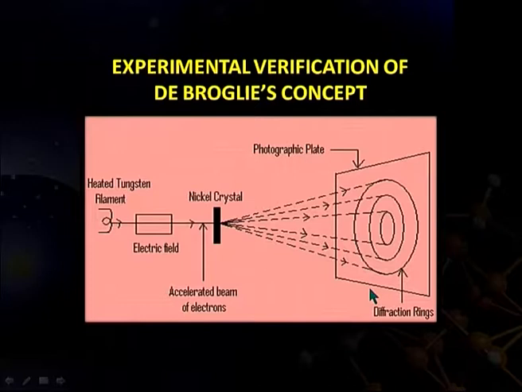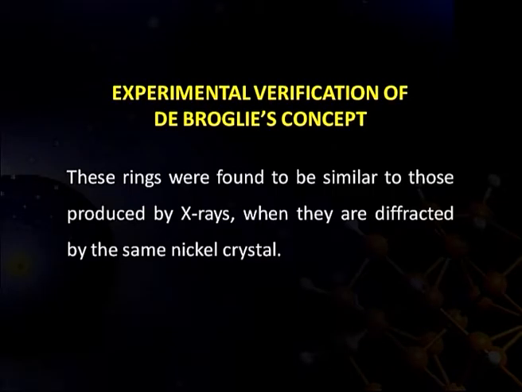These rings were found to be similar to those produced by X-rays when they are diffracted by the same nickel crystal. Since the wave nature of X-rays is well established, electrons also should have a wave nature. Thus, this simple experiment gave direct evidence for the wave nature of electrons.